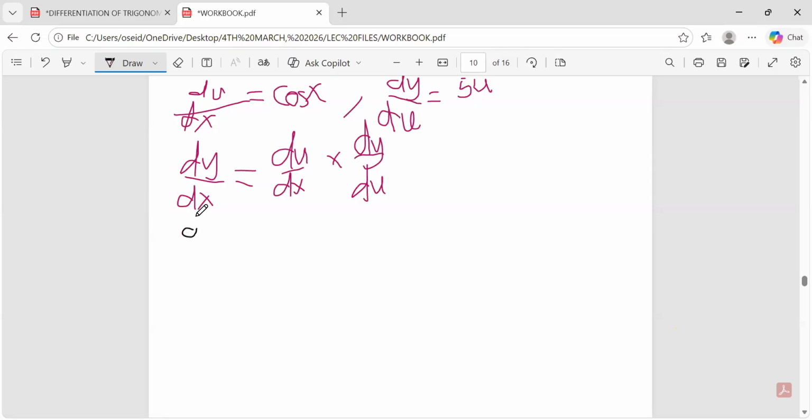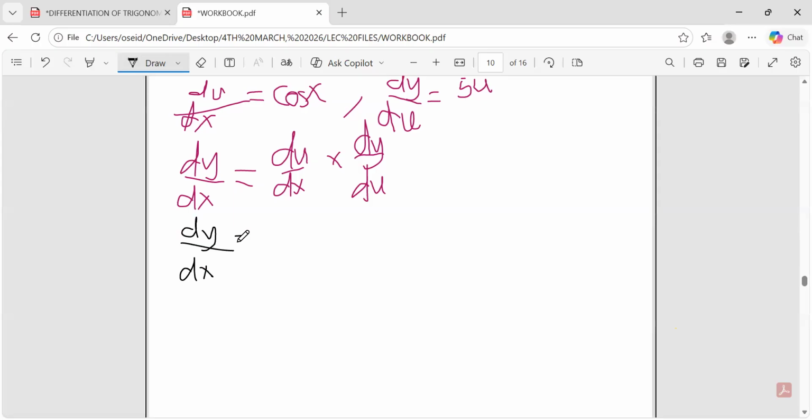So therefore, dy dx is going to give us cos x times 5u exponent 4.